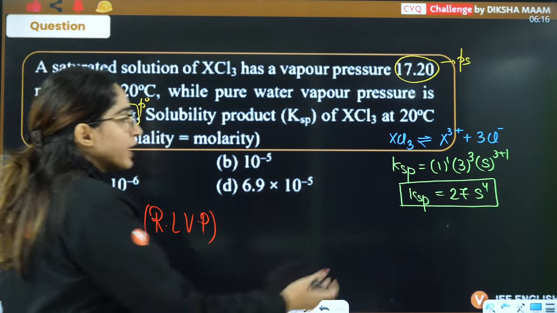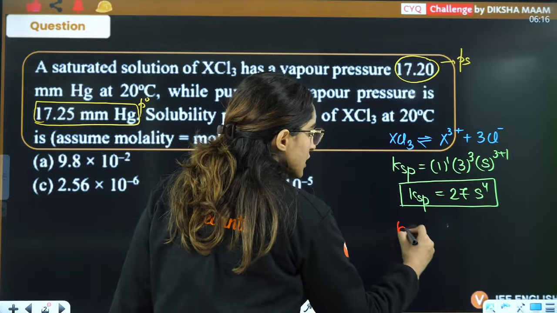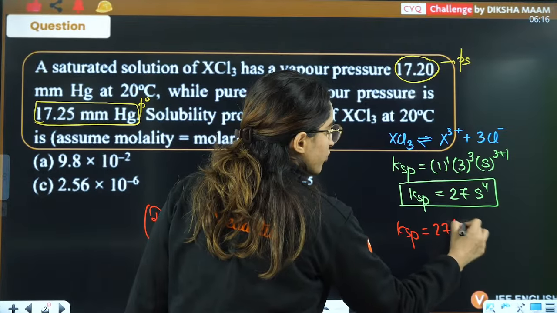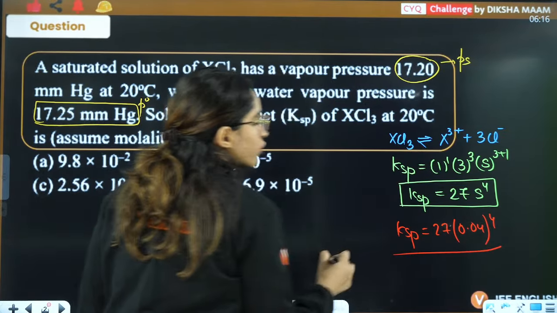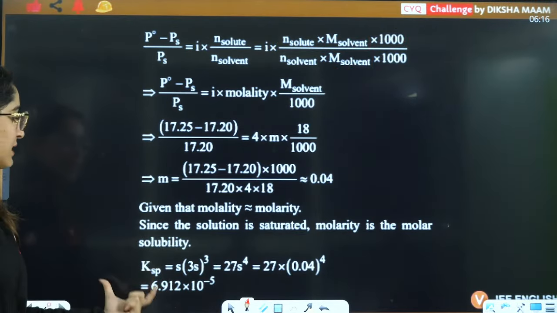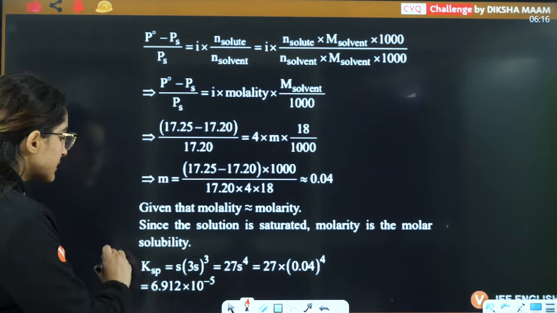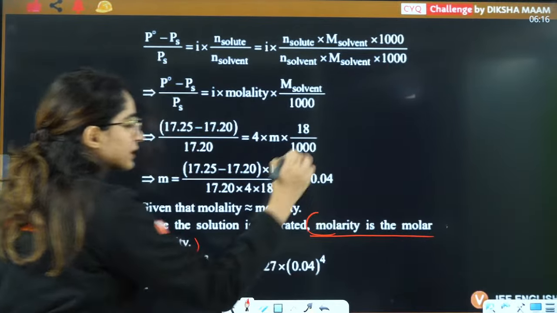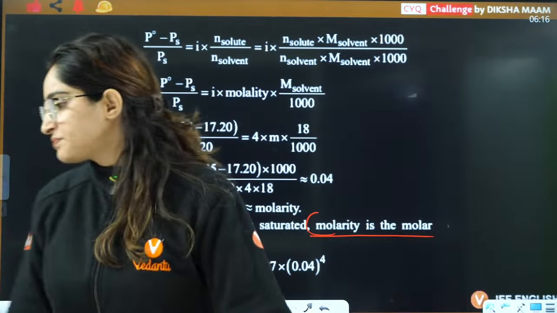So just put it here: Ksp equals 27 into 0.04 raised to power 4, and that will give you your answer. Is that clear? Molarity is the molar solubility here. Okay, tell me.